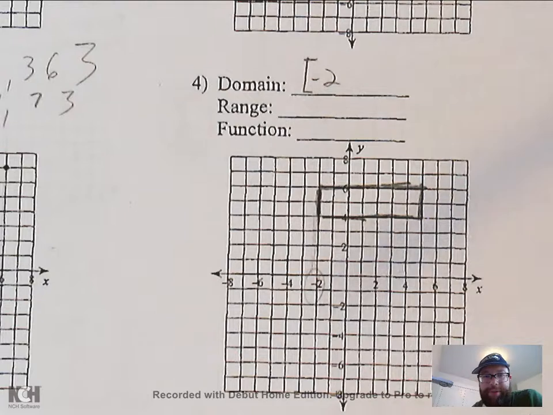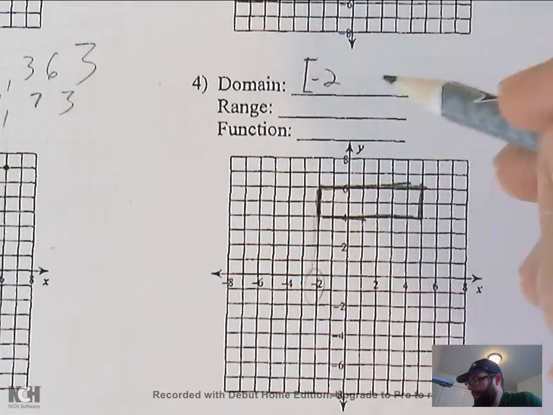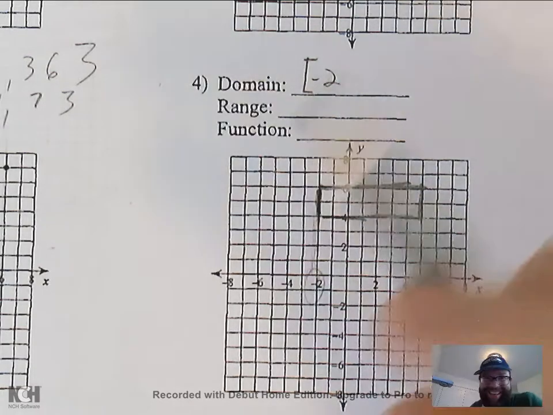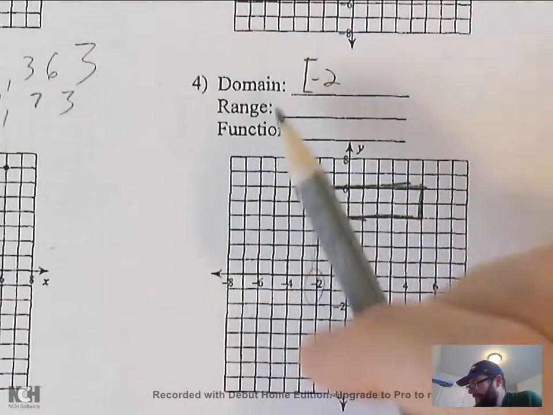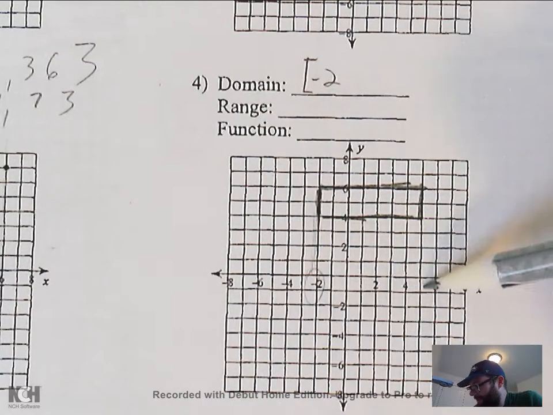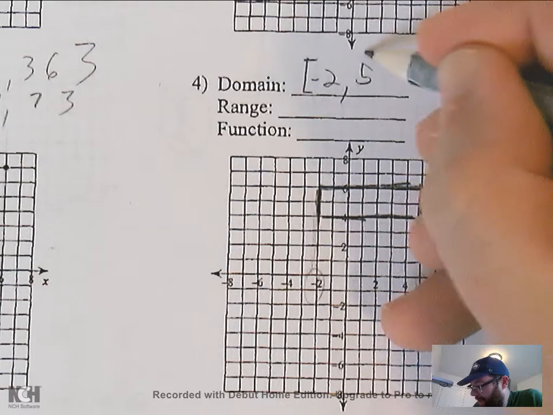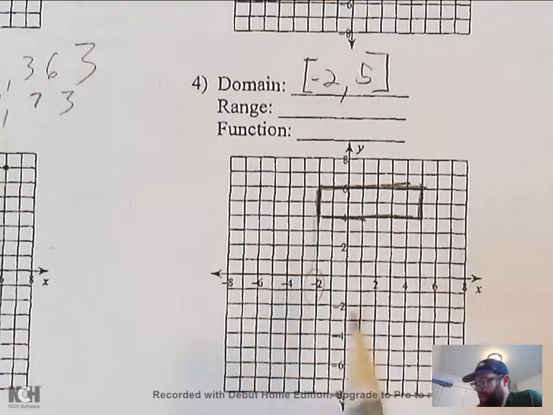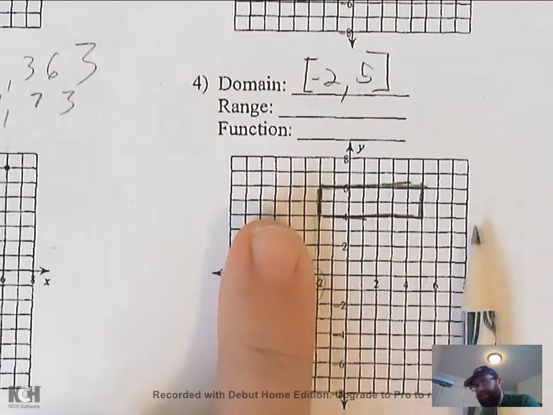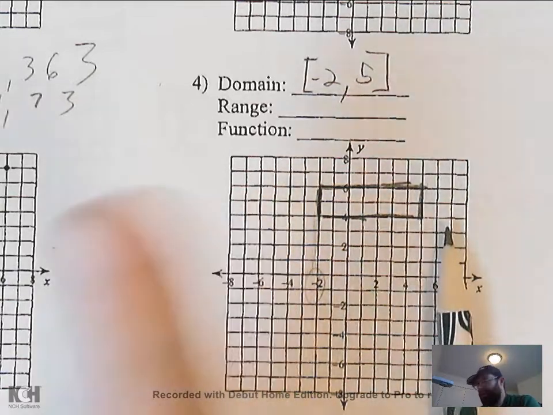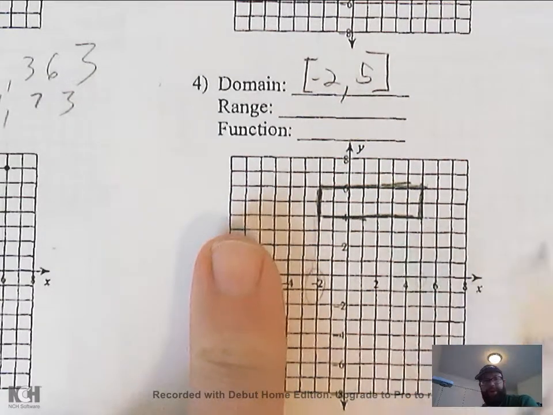Parentheses are going to be mostly for horizontal asymptotes, if it's an exponential equation, and for infinities, which by the end you're going to be mostly parentheses because it's mostly infinities. Anyway, so -2 is the least x value, and then the greatest is going to be 5 right here. So 5, and that's going to be a bracket as well. So again, least x value, greatest x value. Okay, left most value, right most value.